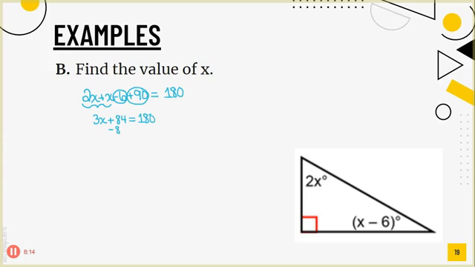So we're going to subtract 84 from both sides of our equation, and we get 3X equals 96. And then the opposite of multiplication would be division, and so X would equal 32. Notice the directions just say to find X, so I don't have to substitute anything back in. I would be completely finished with that problem.